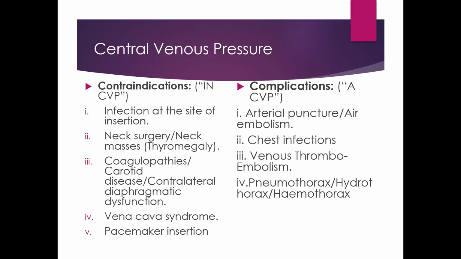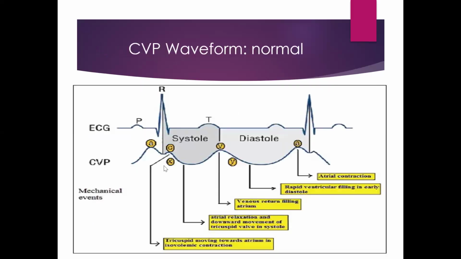Also embolism, and that's why you must have the reverse Trendelenburg position. You can introduce infection, venous thromboembolism, you can have pneumothorax, hydrothorax or hemothorax. These complications are usually reduced or minimized with the use of ultrasound-guided central venous catheter insertion.